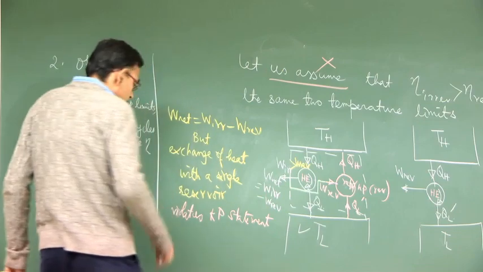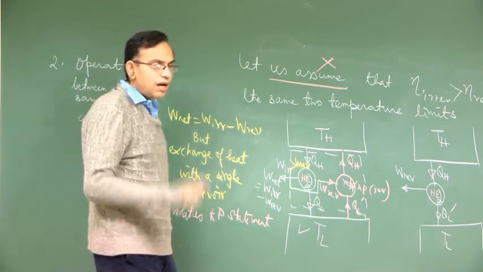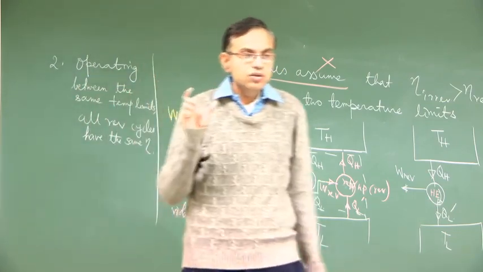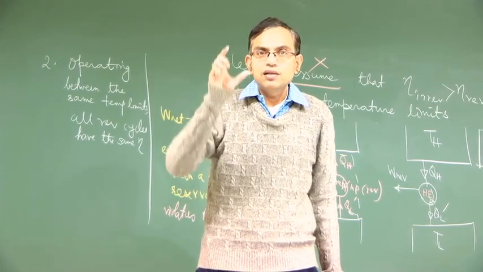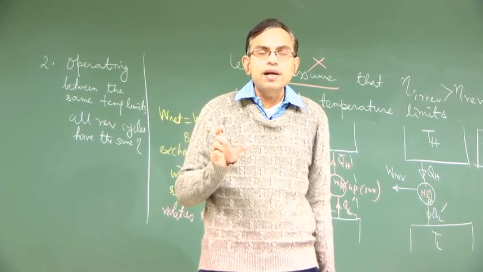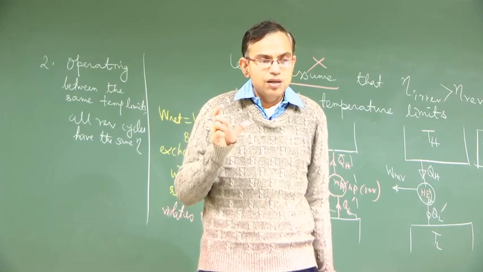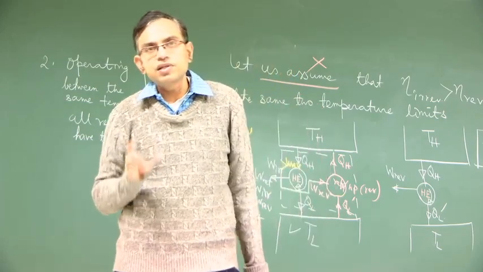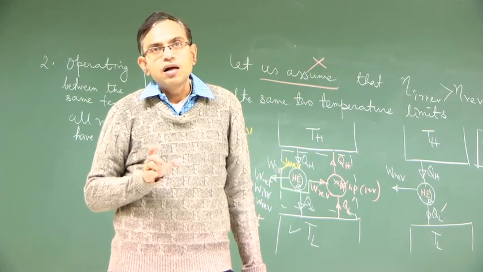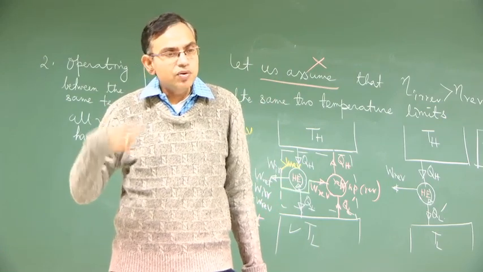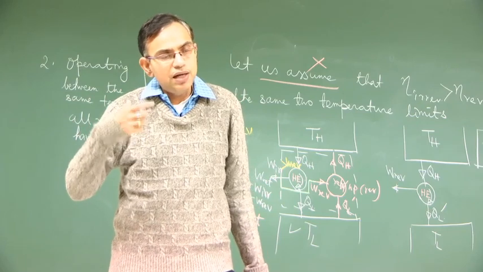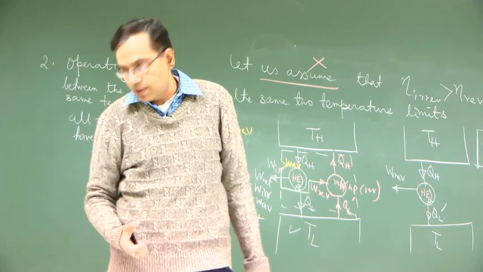So, we have therefore learned two very important propositions. One is that between the same two temperature limits, the efficiency of irreversible cycle is always less than efficiency of reversible cycle, but you know there could be several reversible cycles operating between the same two temperature limits and their efficiencies will all be the same.